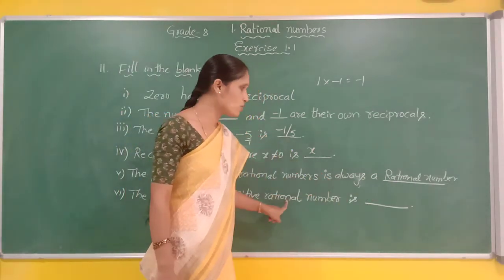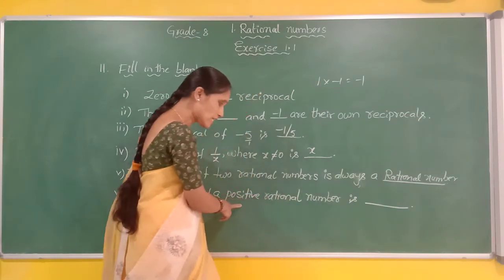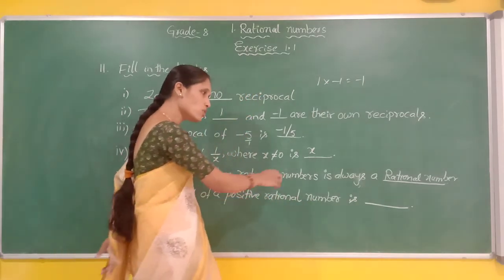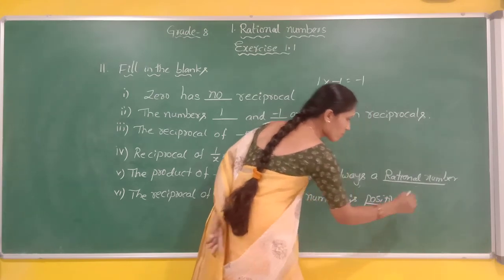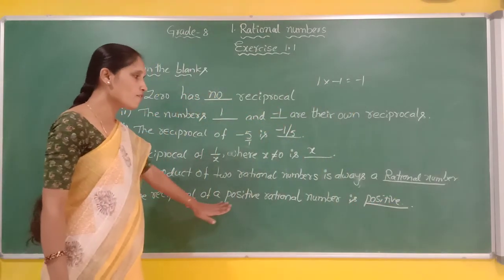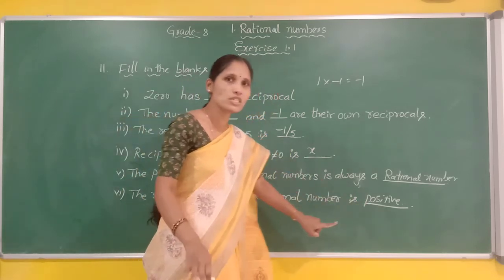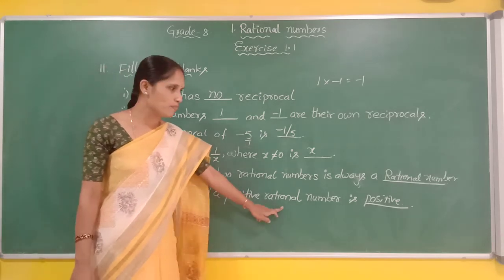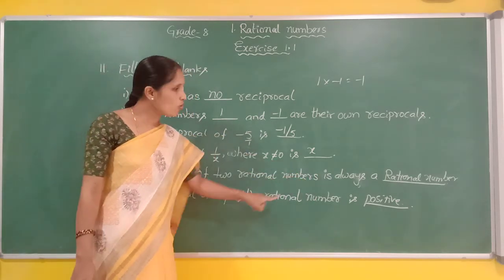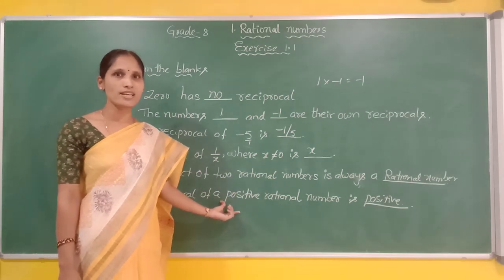Negative. For positive number, positive. For negative number, negative. They are asking positive, so the answer is positive only. The reciprocal of a positive rational number is positive. Suppose if they ask the reciprocal of a negative rational number, negative. Do you understand? Thank you.